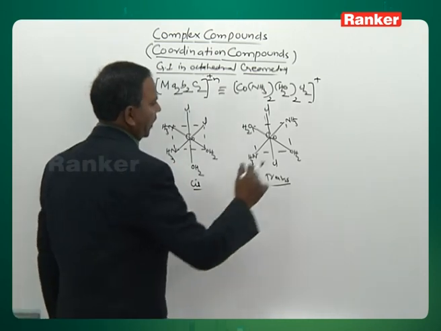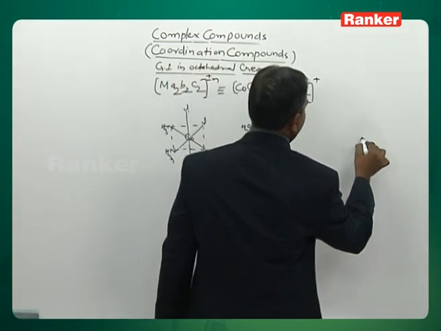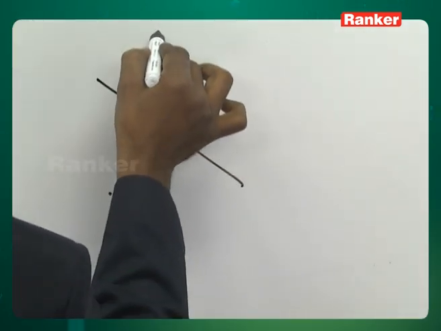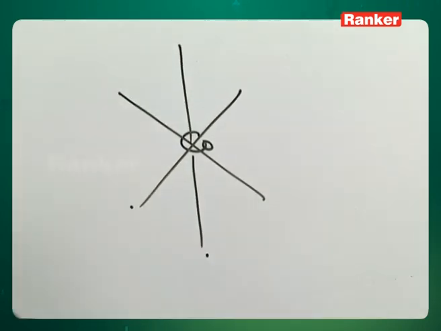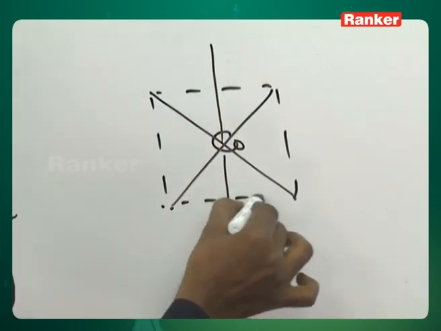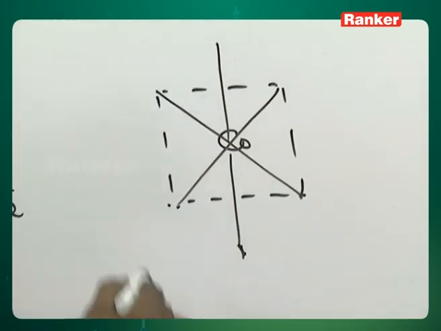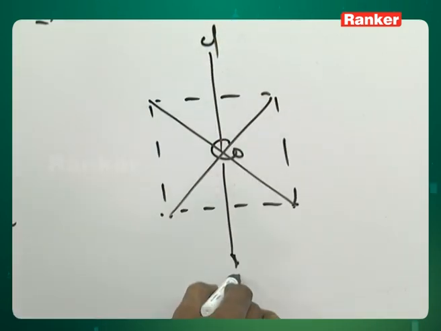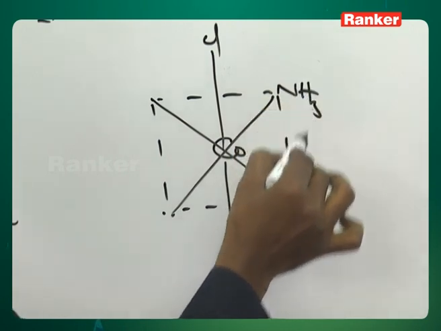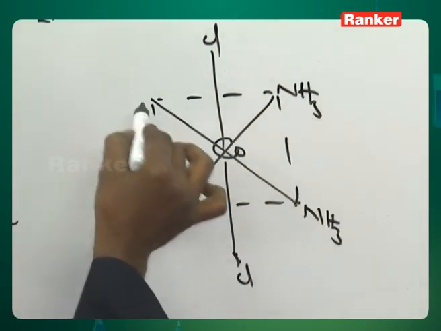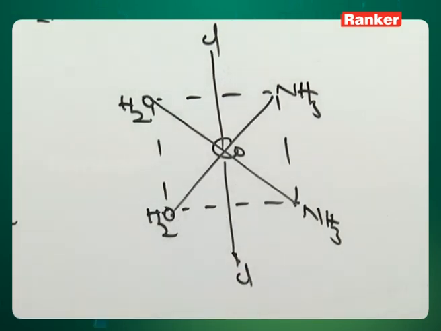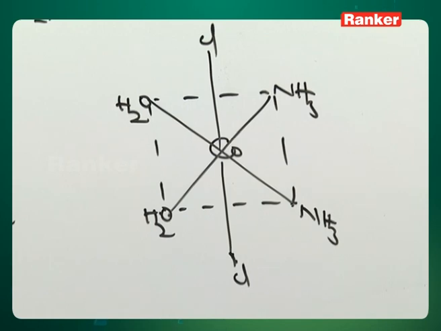Next, third one I write here, see. Each pair I take trans to each other, see, Cl. The remaining NH3, NH3, aqua ligand. This is one. Third possible structure.